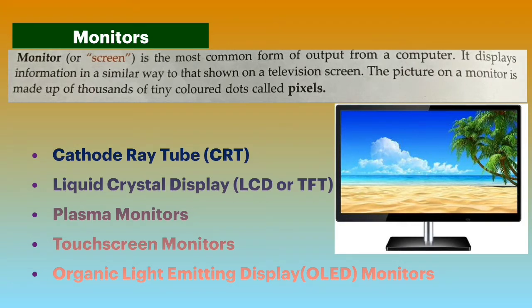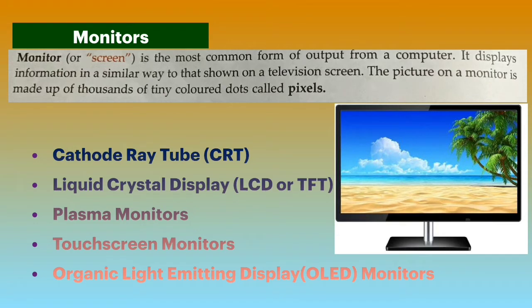A monitor is made out of tiny pixels consisting of different colors. Modern computers can display 16 million colors in their pixels. There are different types of monitors in terms of technology.